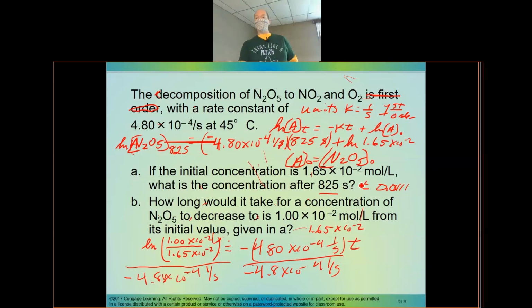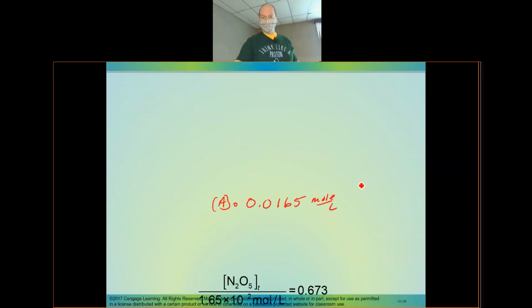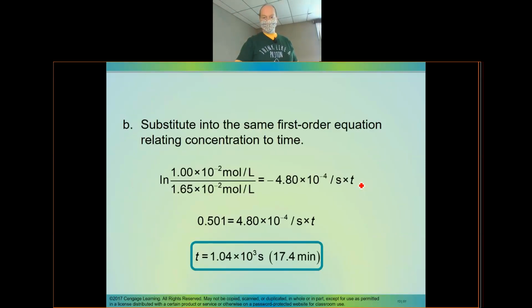It took 825 seconds to go to 0.0111. So your number has to be greater than 825, but pretty close to the 825, not like twice that much. So we push the buttons, we should get somewhere in the 1,000 area. And so we push the buttons and we get 1,040.